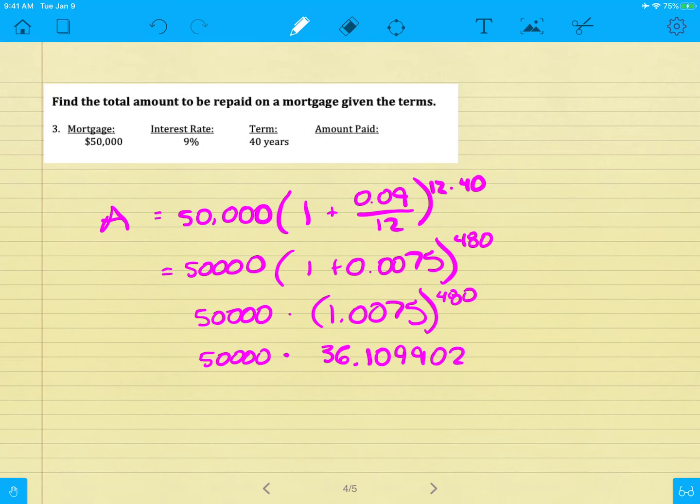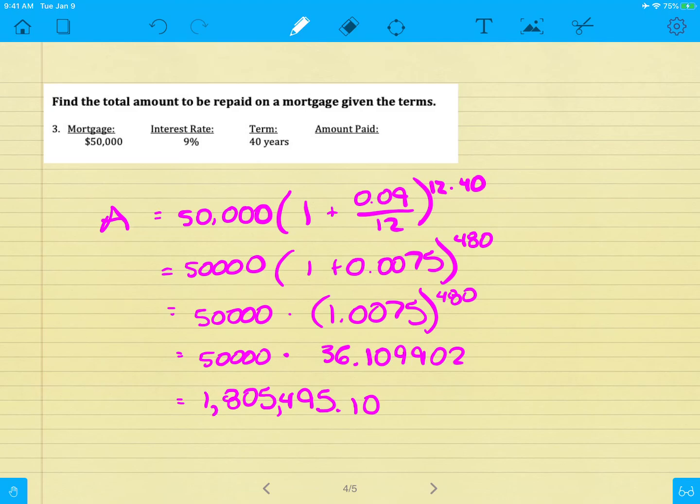All right, it keeps going. We're going to take that times $50,000, and this ends up being $1,805,495.10. That's a $1 million home, almost $2 million.